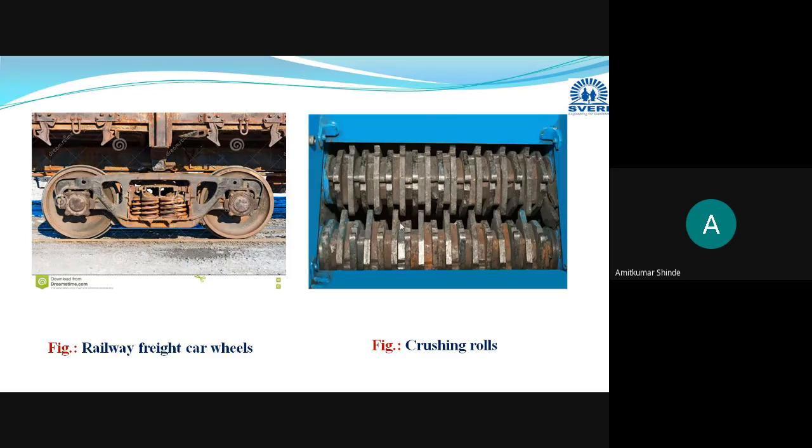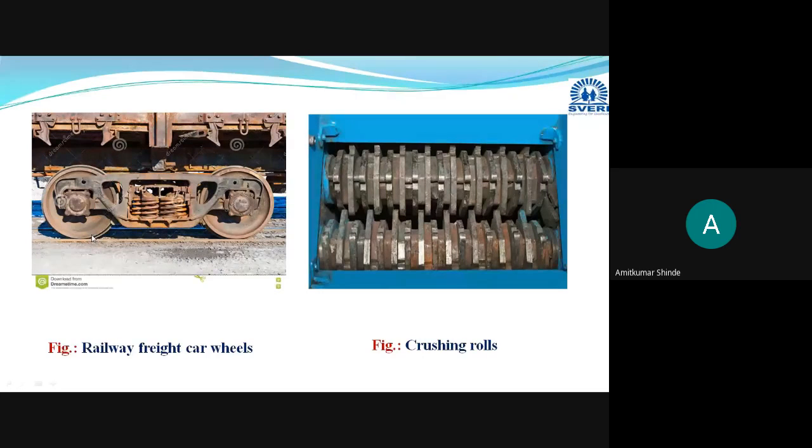Railways are there to carry goods from one place to another. Whichever wheels are present on the railway freight cars, these are manufactured with the help of chilled cast iron. On the surface it will have high hardness and high wear resistance.